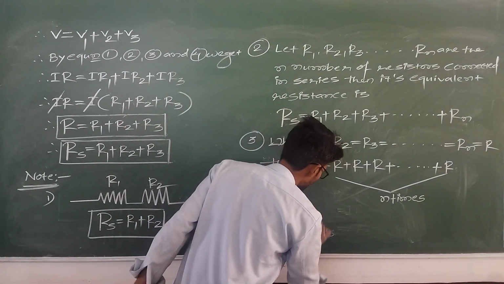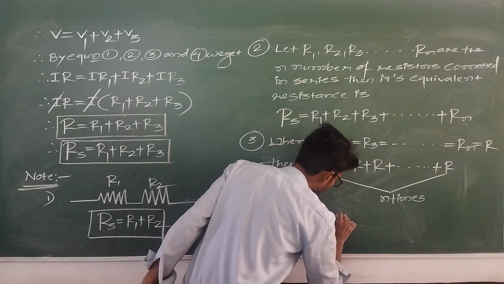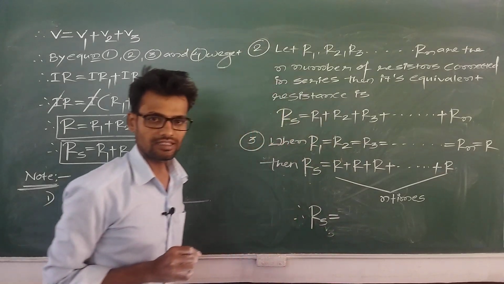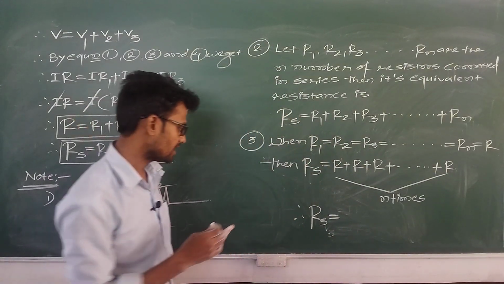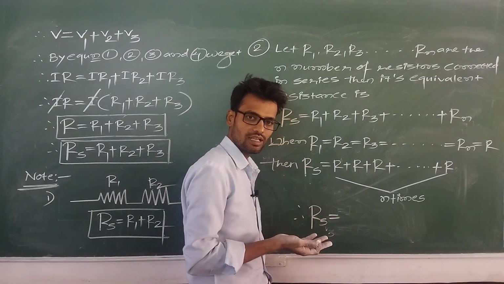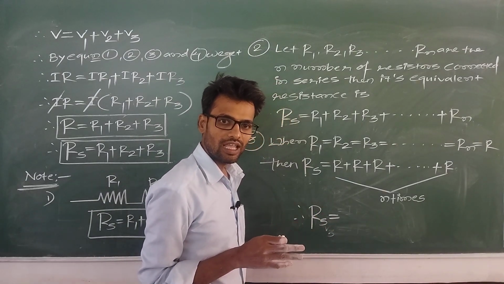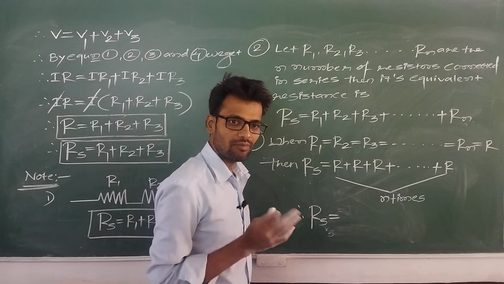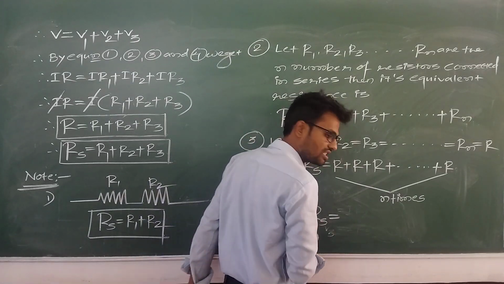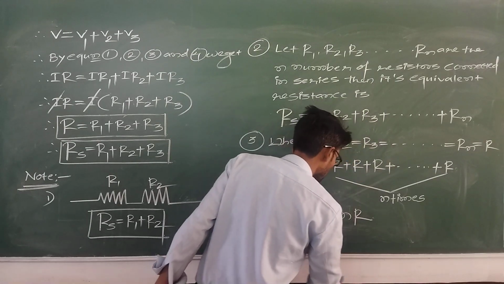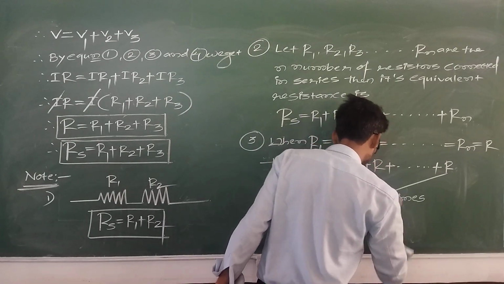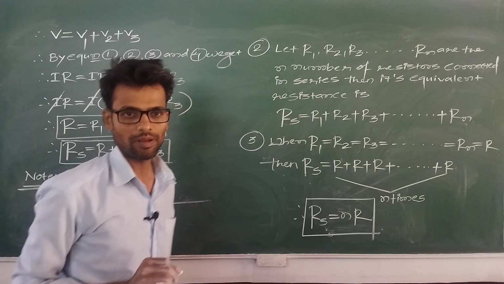So the equivalent resistance when all the resistors are connected in series and have the same value is Rs equals N into R. This is a very important formula to remember.